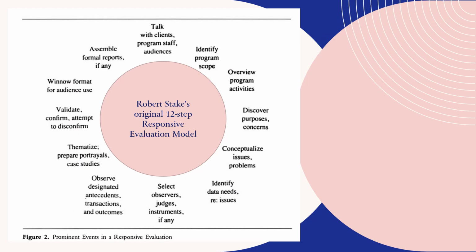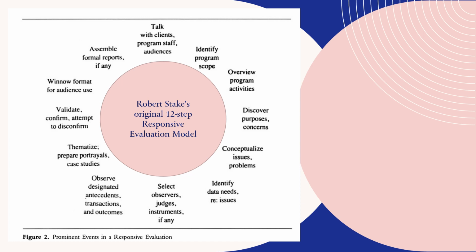Here are the original 12 steps of the responsive evaluation model. In the original manuscript of Robert Stake, the steps that you need to take when doing responsive evaluation are organized this way.